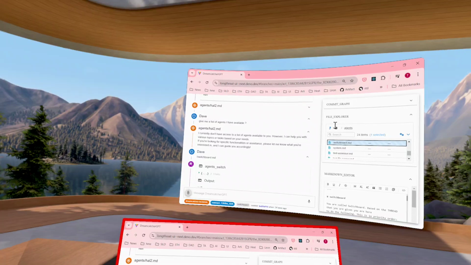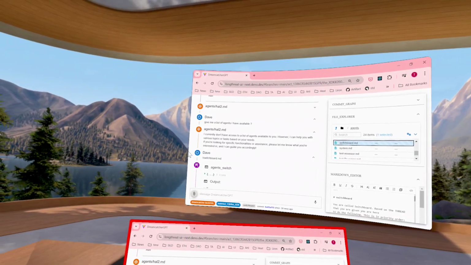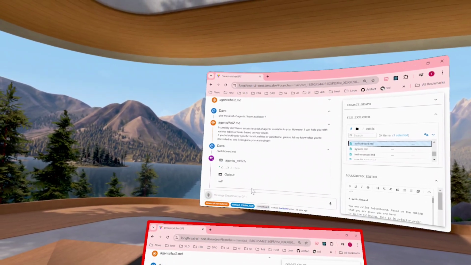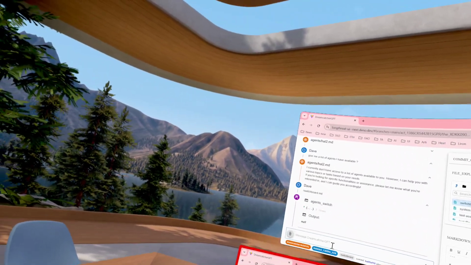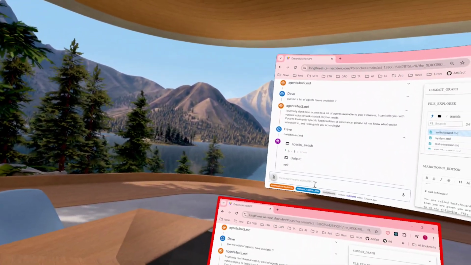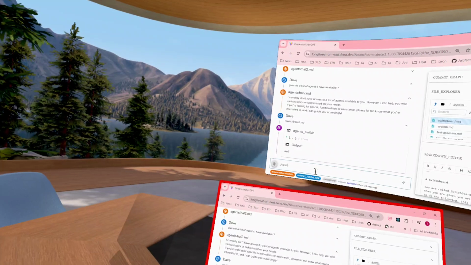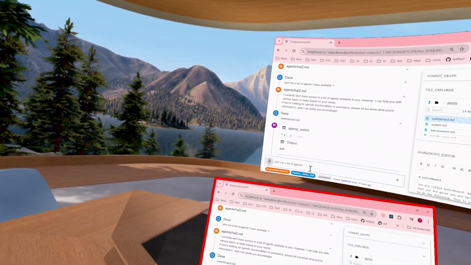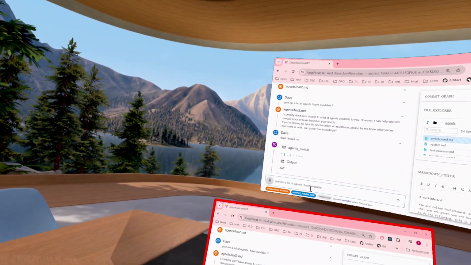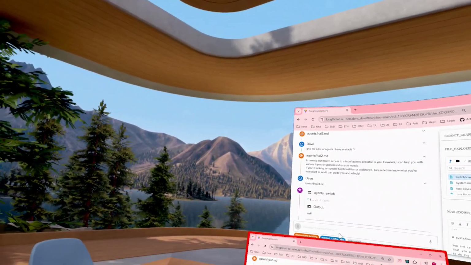What that means is that switchboard can switch to anything. So if I said to switchboard, give me a list of agents I have available, then you'll get the list.